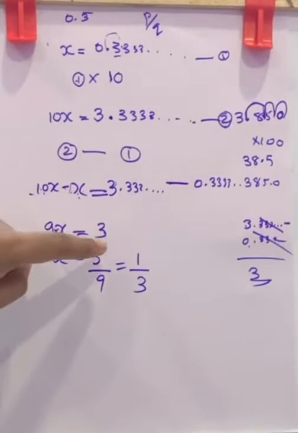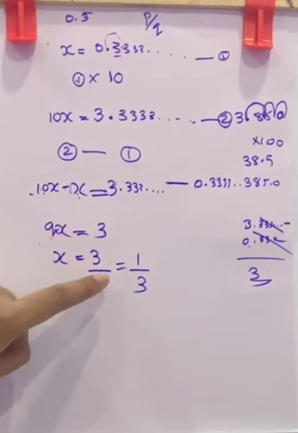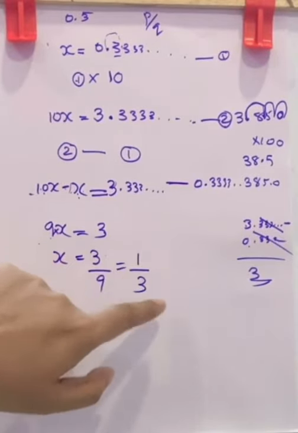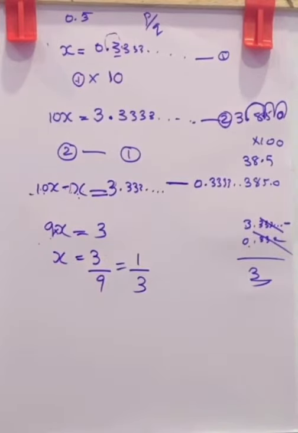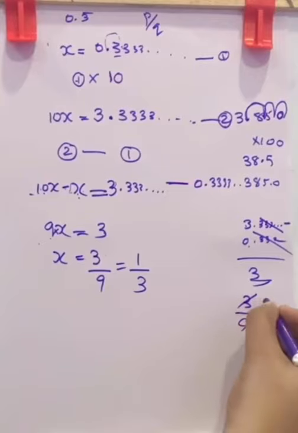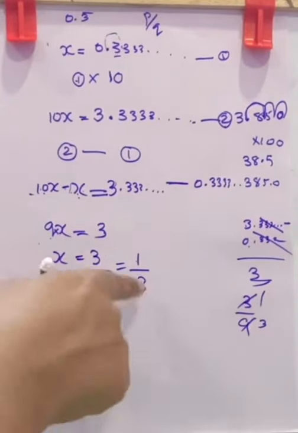We are dividing with common factors: 3 divided by 3 is 1, 9 divided by 3 is 3. 3 by 9 becomes 1 by 3. By the cutting method, 3 ones are 3 and 3 threes are 9. So 1 by 3 is the answer.